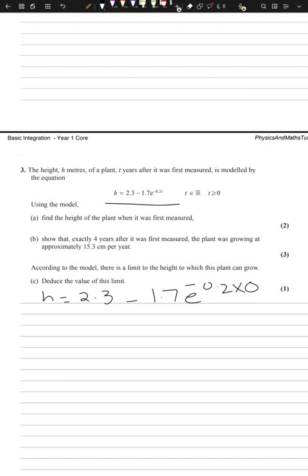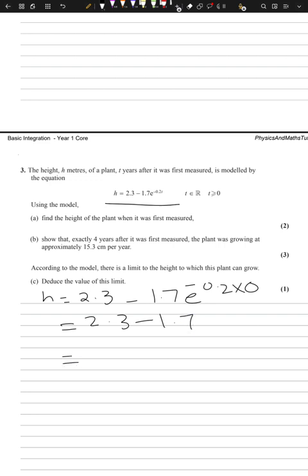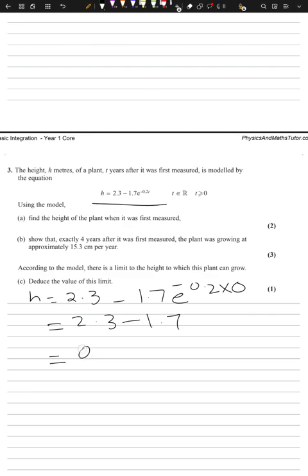Now e to the power of 0 is 1. So this will become 2.3 minus 1.7, which equals 0.6 meters. That's the height.